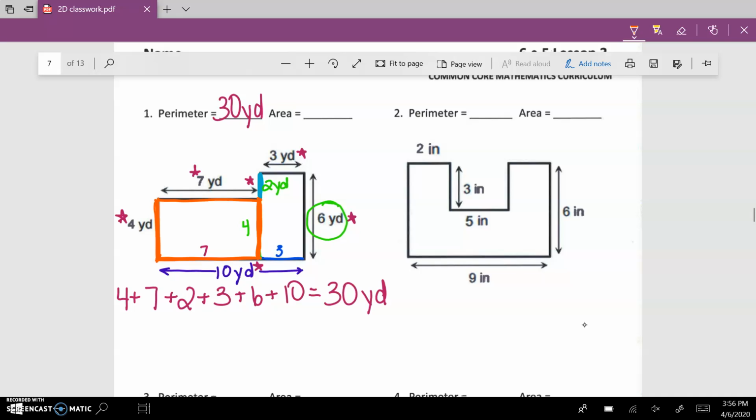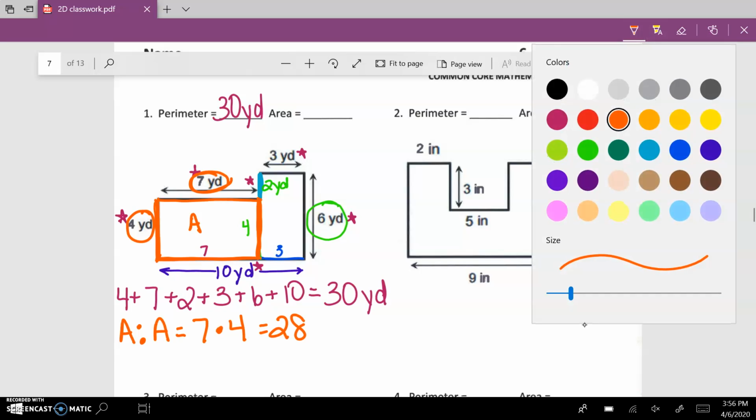I'm going to give them letters, so this would be shape A. To find the area of a rectangle, we have to do the length times the width. So looking here, my length going across would be the 7 times my width would be my 4 across the side. So my area here would be 28.